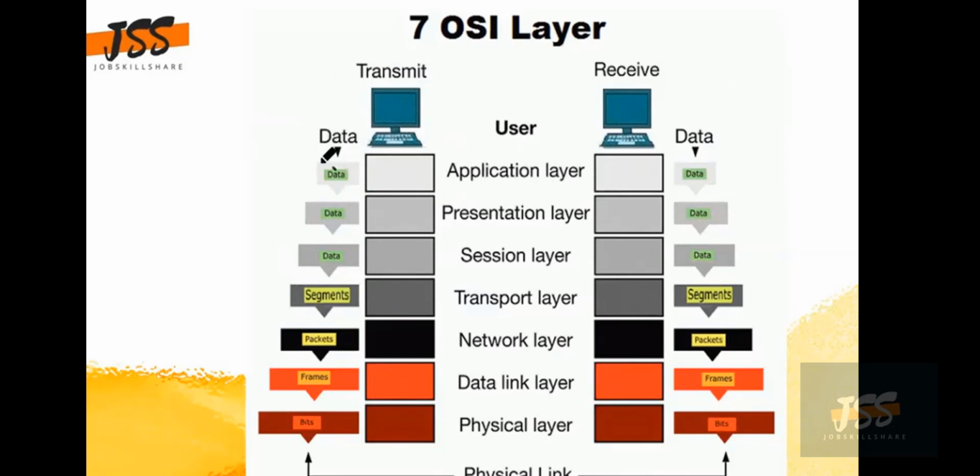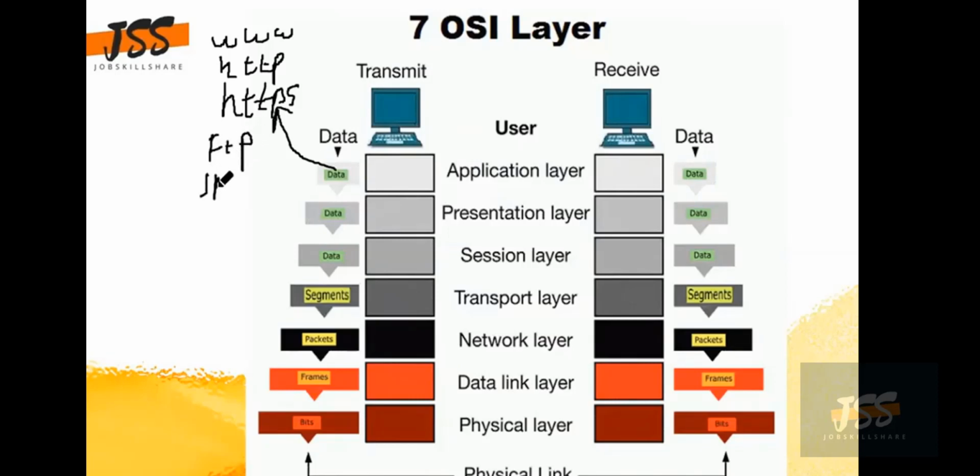Application layer, all kinds of your applications, World Wide Web, your HTTP traffic, which is not secure, HTTPS traffic, which is secure. Then we have some other multiple applications being run on the application layer, like FTP, file transfer protocol.